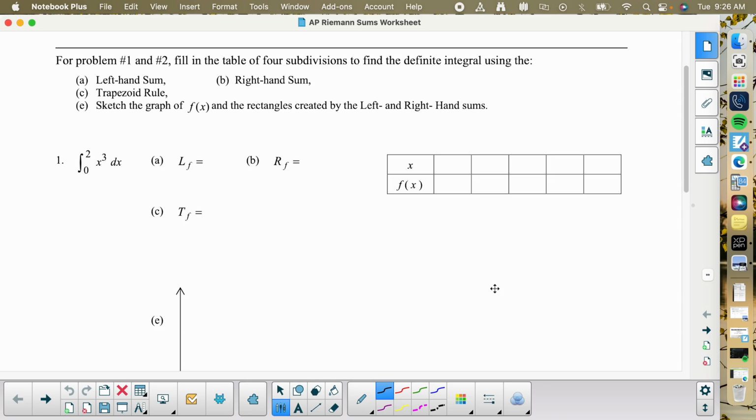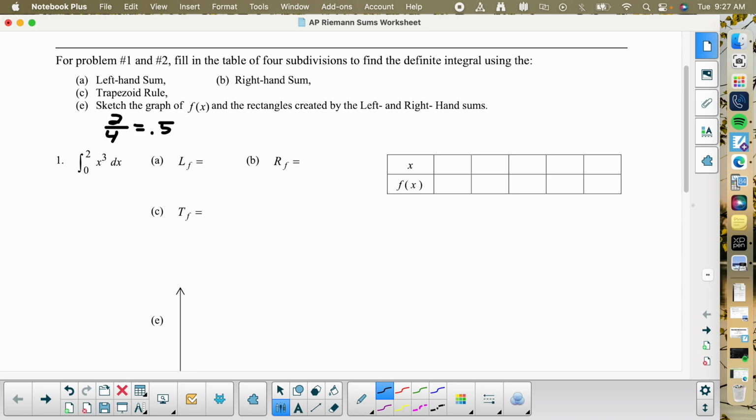Over on the left-hand side, the integral from 0 to 2 is telling us where it begins and ends. And if you have a length of 2, and you're trying to have 4 intervals, you take your length divided by how many intervals. And then this will tell you the width of each rectangle or shape.